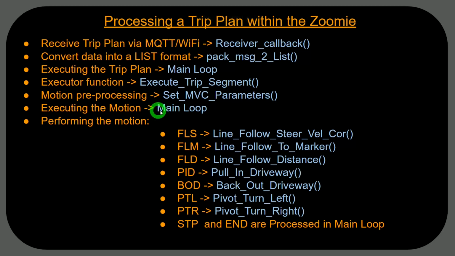Once we execute the motion and we alert the system that one of the motions needs to be performed, each one of these functions would be executing. Just as we got all of these commands, here are the associated functions that will perform them.